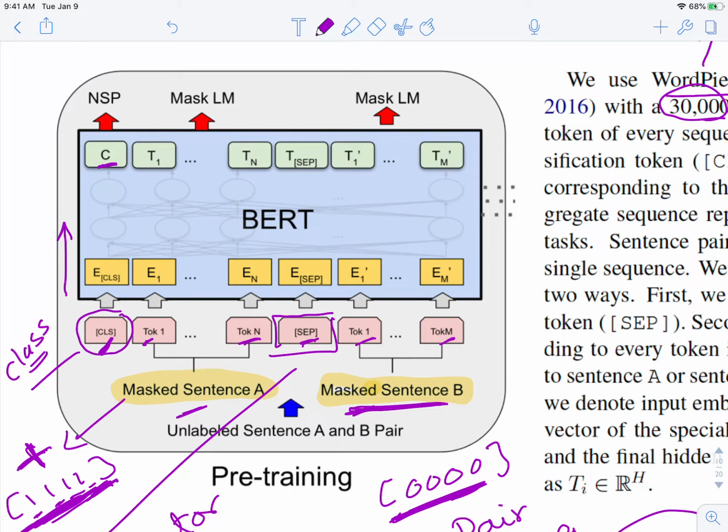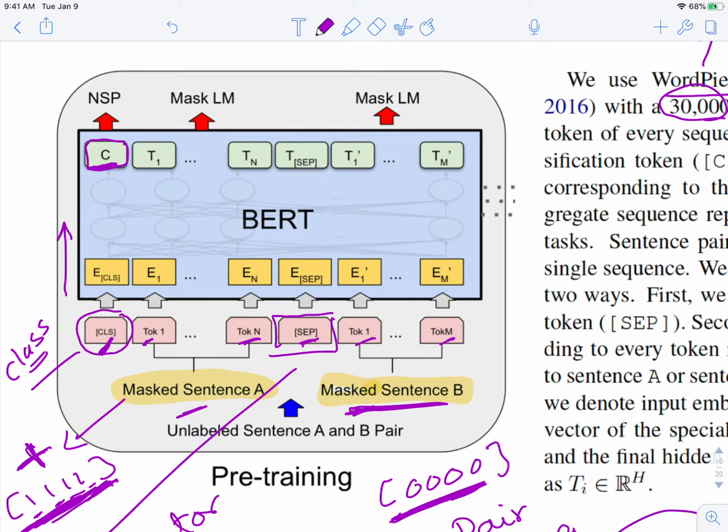And then we can use the representation in that token to act as the weights that we are going to fine tune on a downstream task. It's the learned representation from BERT that's going to be useful for us.